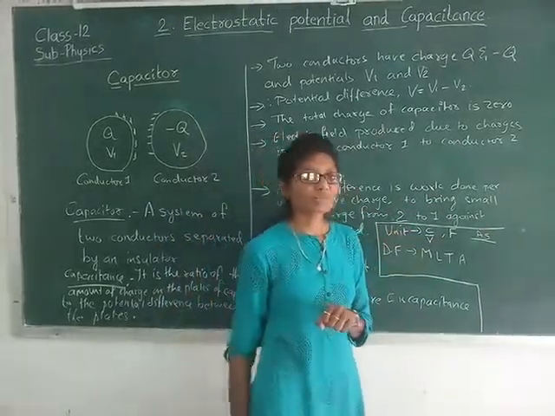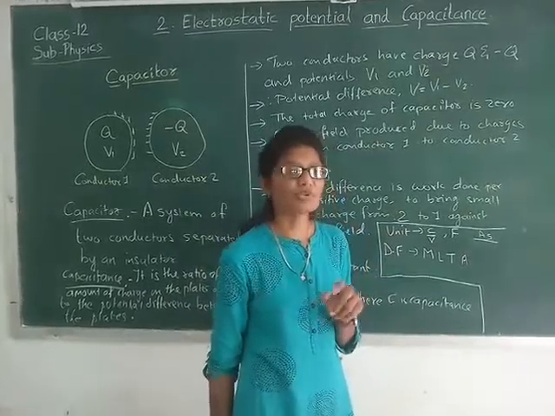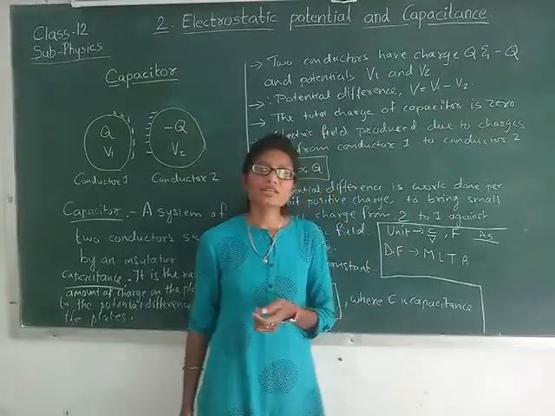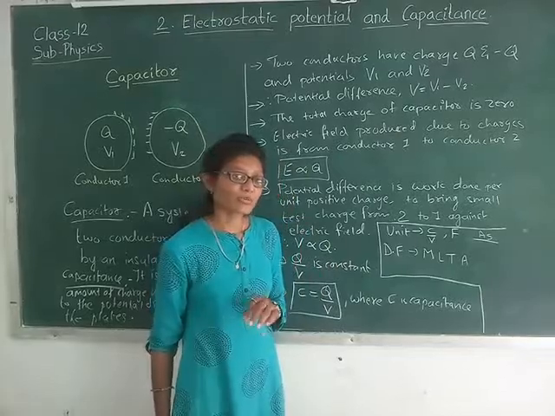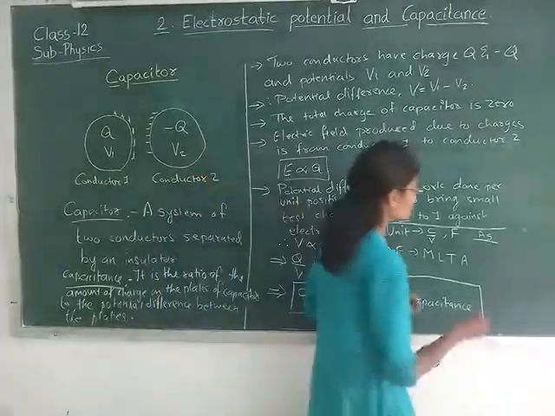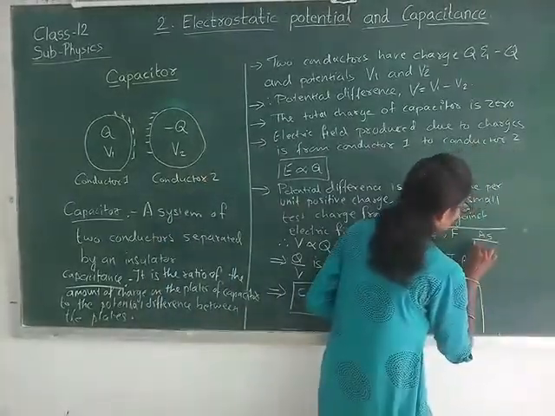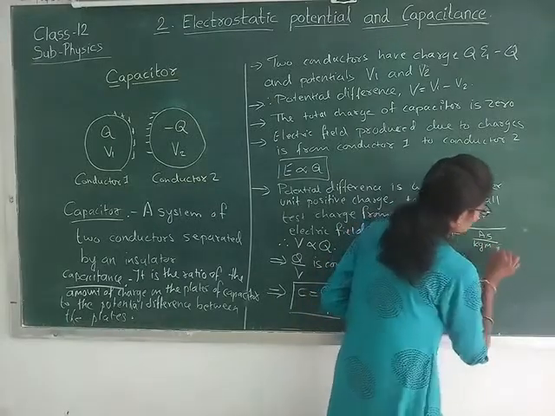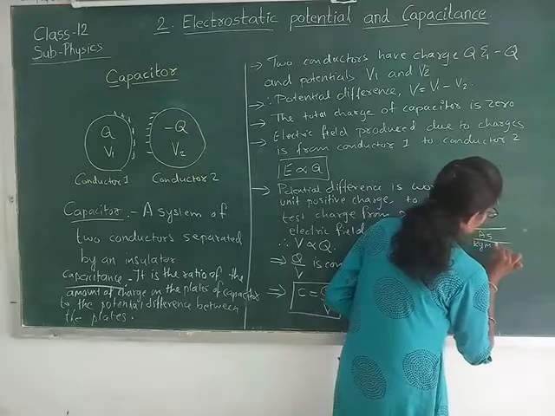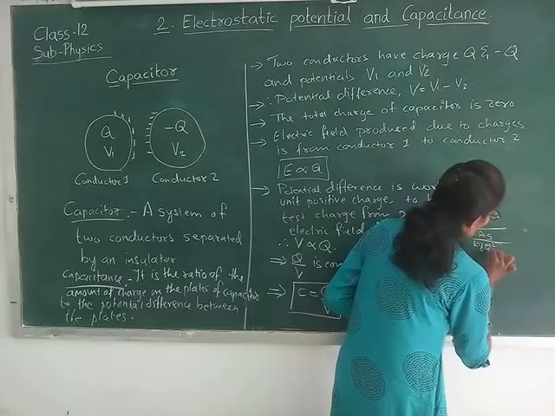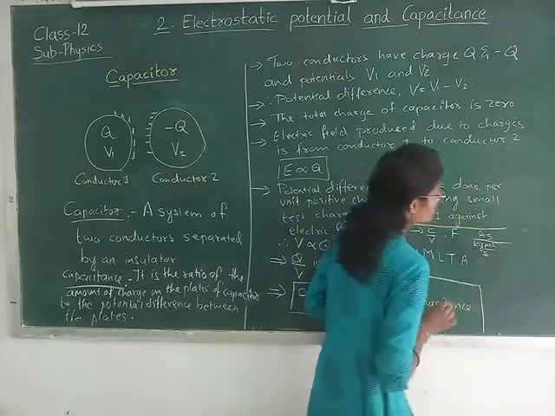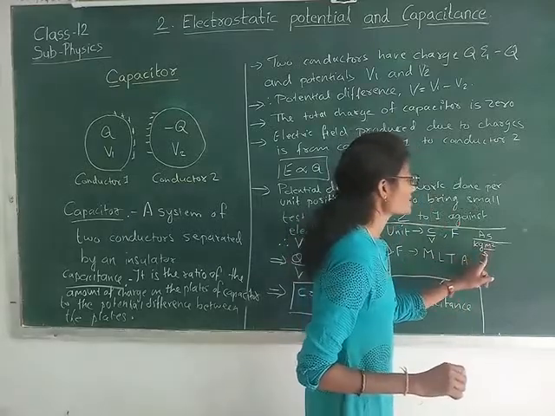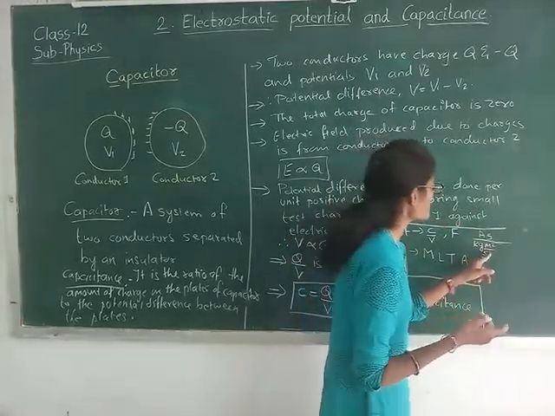Potential difference is nothing but work done per unit charge, that is W by Q. The unit of W is kg meter square per second square, that is Newton, which is kg meter per second square, times displacement, that is meter.